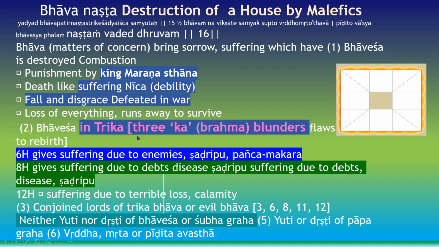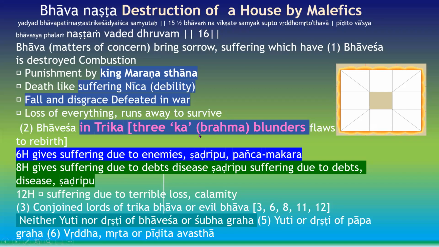Then we have the trik houses. The word trik derives from three, and ka is Brahma. Brahma is associated with Shani or Saturn and Narayan. To alleviate the sufferings coming from the 6th, 8th, and 12th houses, we have to appease Shani, or Narayan, or Kali.